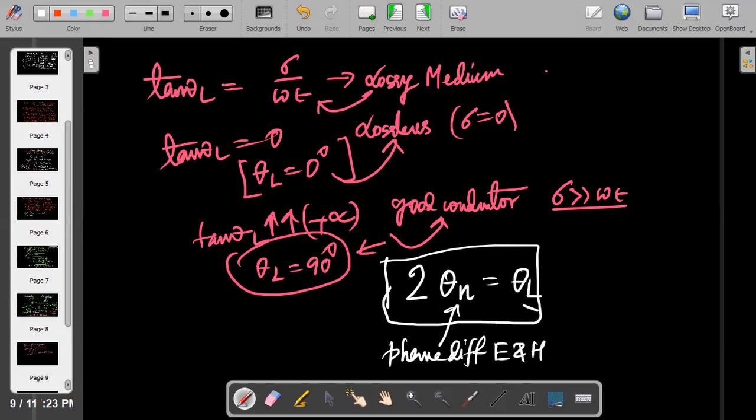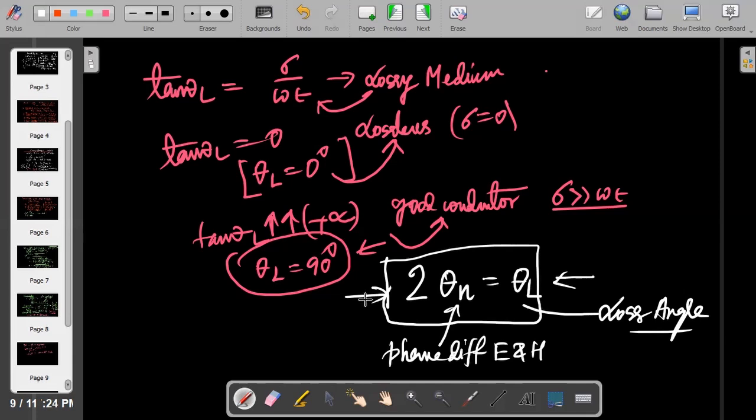And this is your loss tangent or loss angle. So twice theta n equals theta L. These two are different. Don't confuse. So this is the relation.